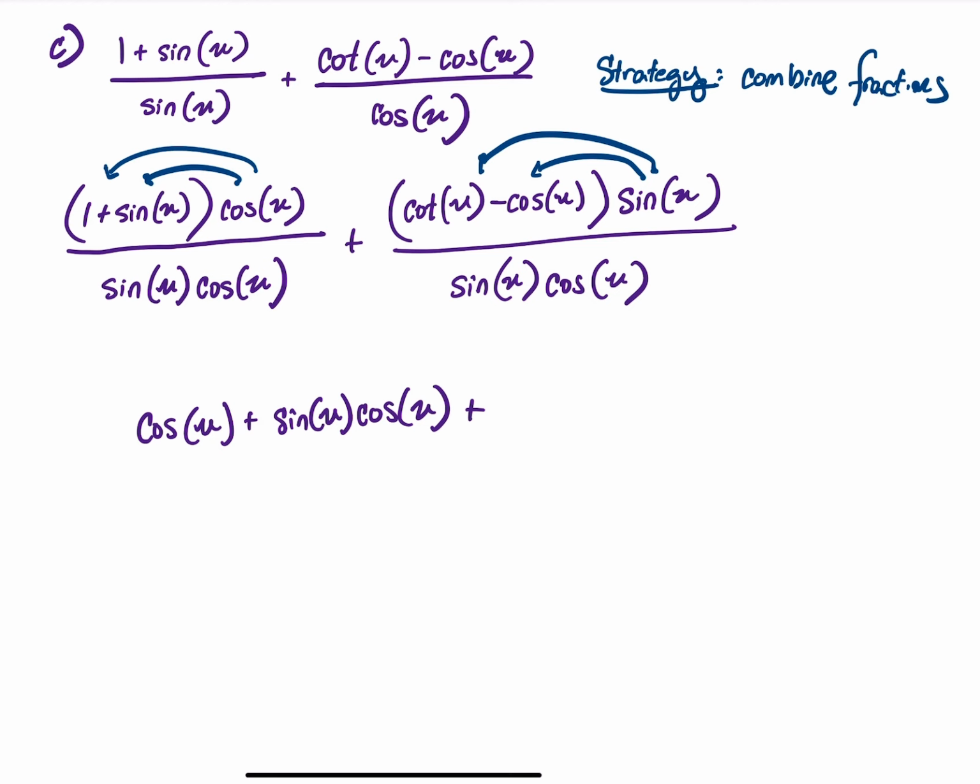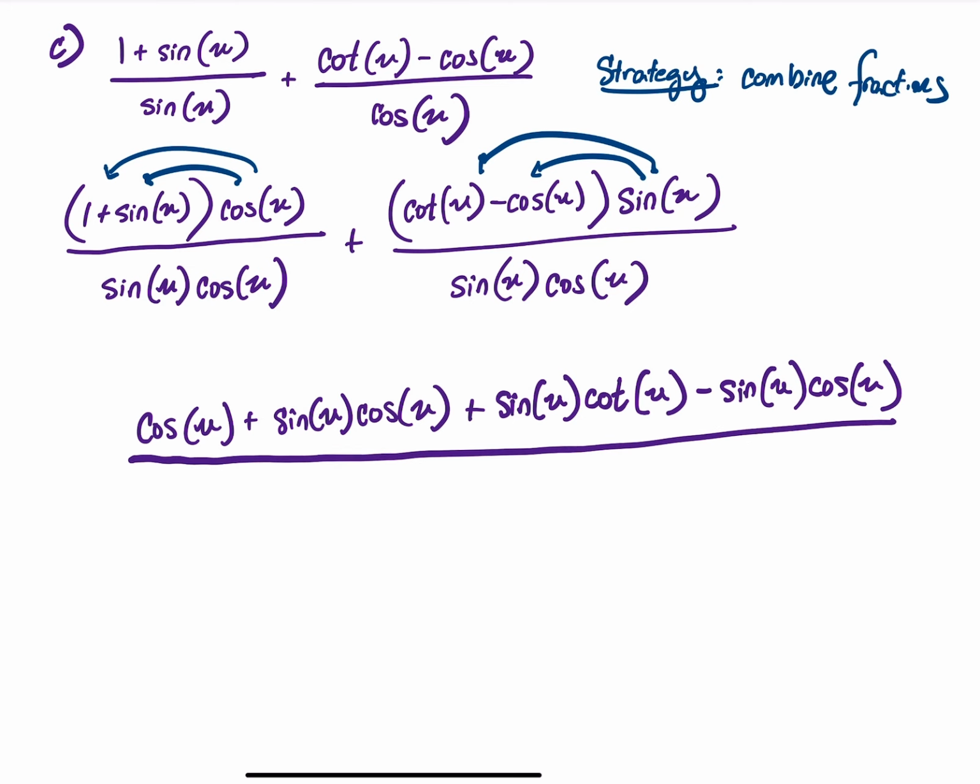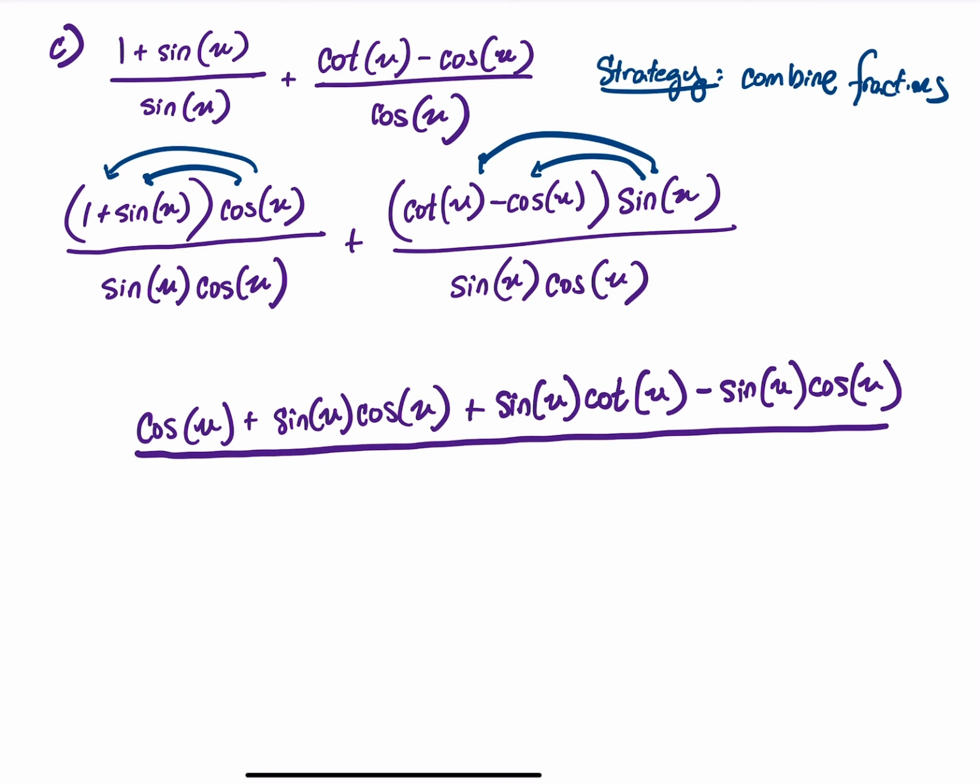So I would get sine of u times the cotangent of u minus sine of u times cosine. Big messy fraction. All of this is over that common denominator. Make this look a little nicer. All of this is over sine times cosine.